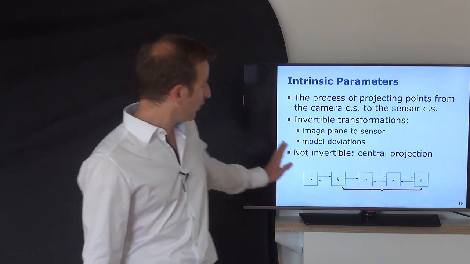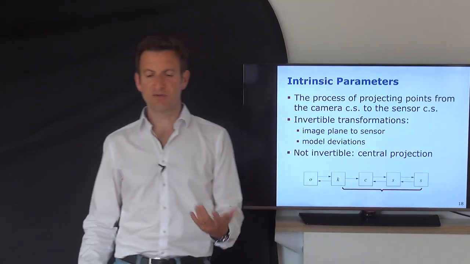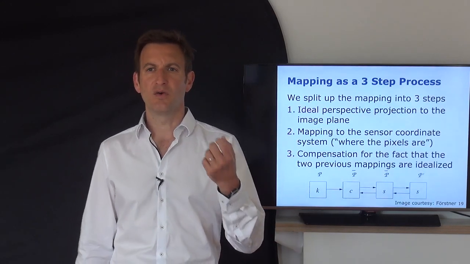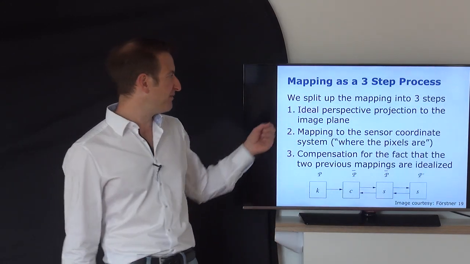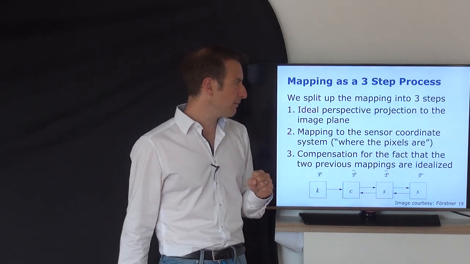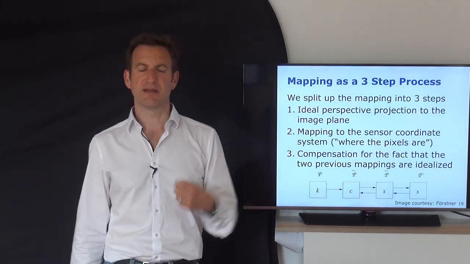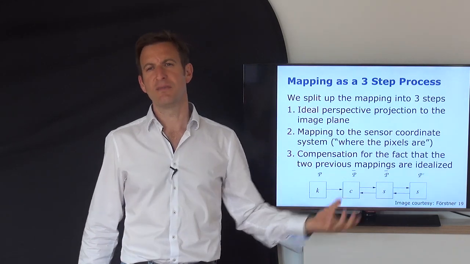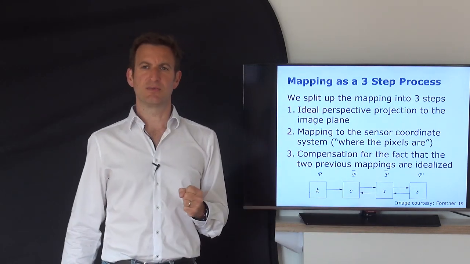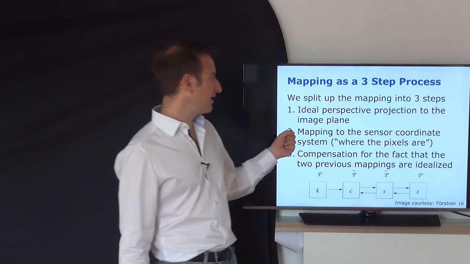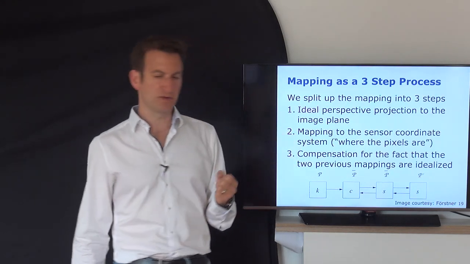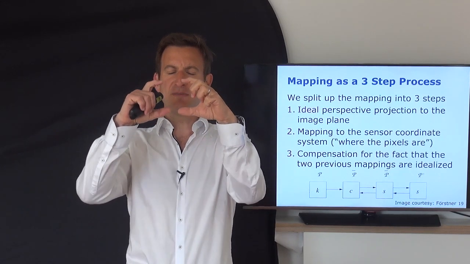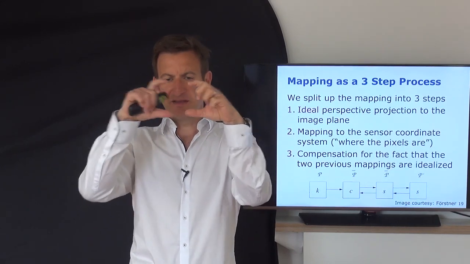So this whole mapping, the whole intrinsics, can be split up into a 3-step process. The first is the ideal perspective projection onto the image plane. So a point expressed in the camera coordinate system is mapped onto the image plane. And the second thing is a mapping onto the sensor coordinate system. Your sensor is a chip which has pixels, and the pixels are read out.